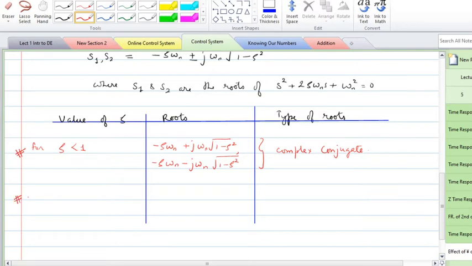Case 2 is for zeta equal to 0. Okay. Let's see what the roots are.